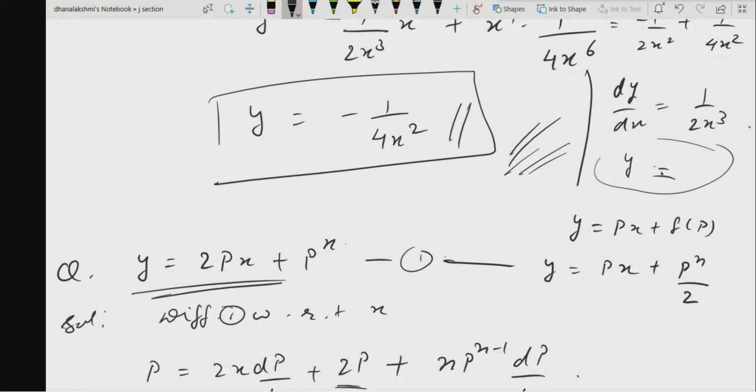Yes, ma'am. Its solution will be, since this is in Clairaut's form, again the same story you will repeat. If it is a 1 mark question, directly you can write, since this is in Clairaut's form, therefore the solution will be y is equal to cx plus c to the power n by 2. This will be your required solution, if it is of 1 mark.